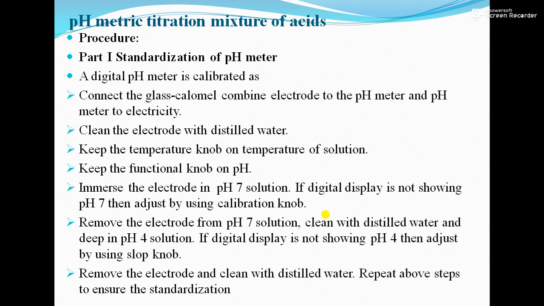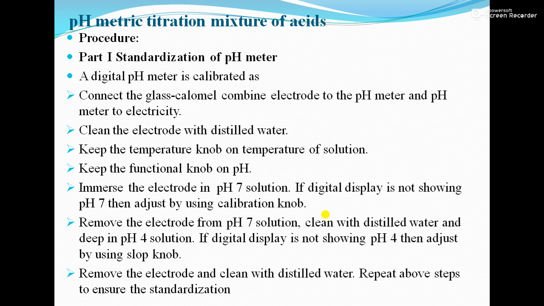The pH meter is an application of the potentiometer. When you look at the pH meter, there are two functions: one is millivolt, which measures potential, and the other is pH. So we have to keep the functional knob on pH. Then immerse the electrode in pH 7 solution.